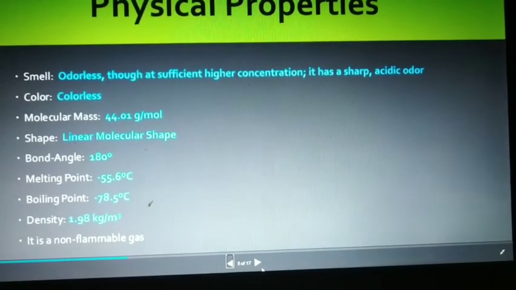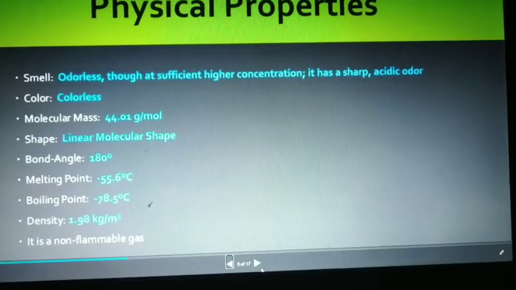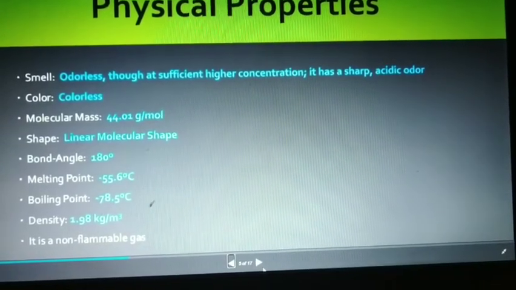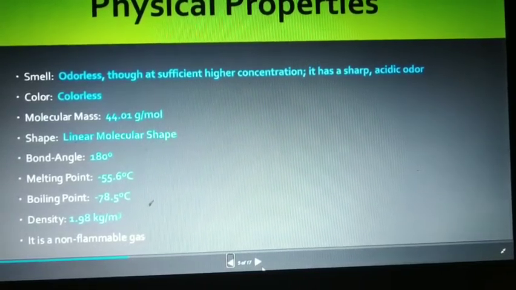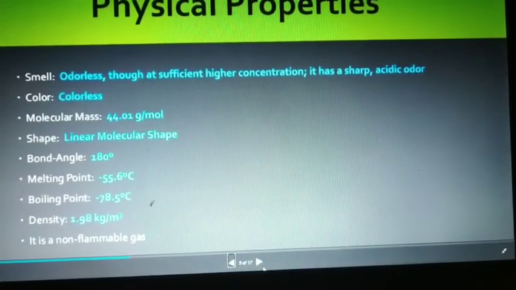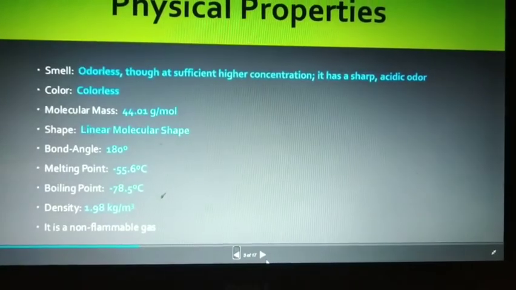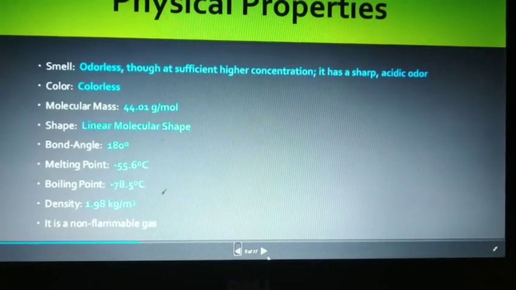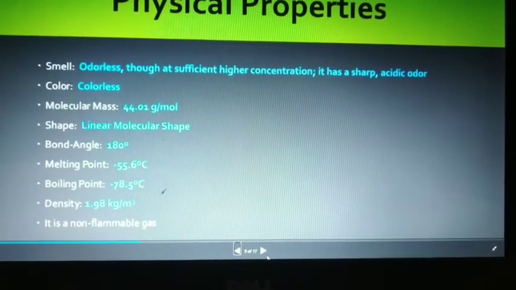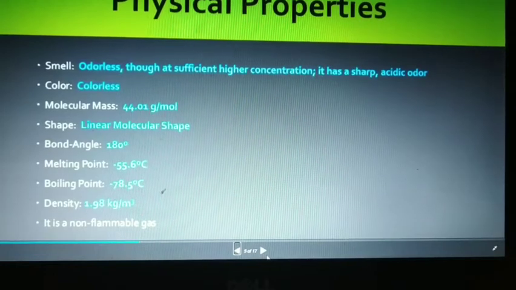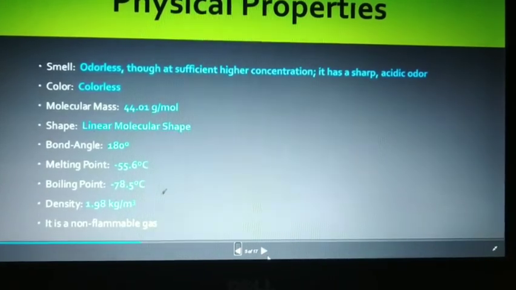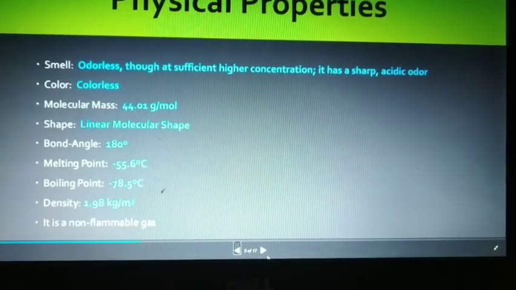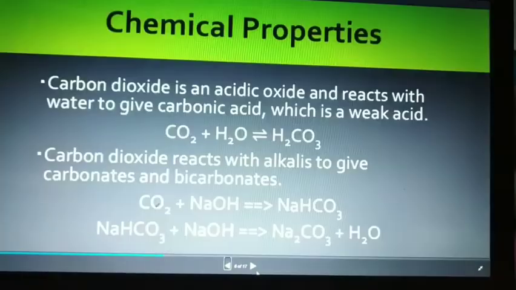Sublimation: carbon dioxide when cooled under ordinary pressure to minus 78 degrees Celsius gets solidified to give a white ice-like solid. Liquid carbon dioxide can exist only under high pressure. Therefore, solid carbon dioxide, which is dry ice, when kept under normal pressure, sublimes at minus 78 degrees Celsius.